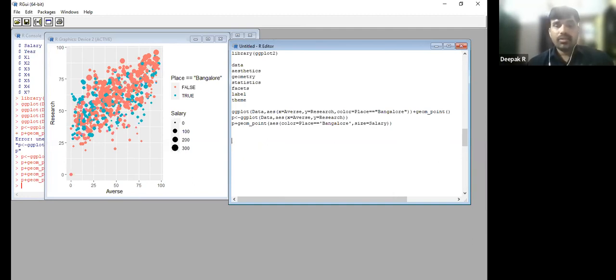If I go for a base layer and consider ggplot data, and here I take just one variable, that is hours. Since I have one numerical, or quantitative, variable, I can look at the histogram of it.